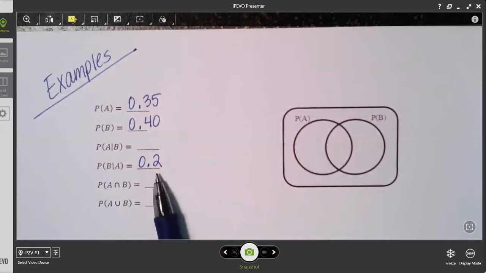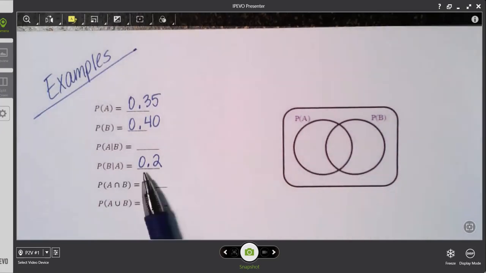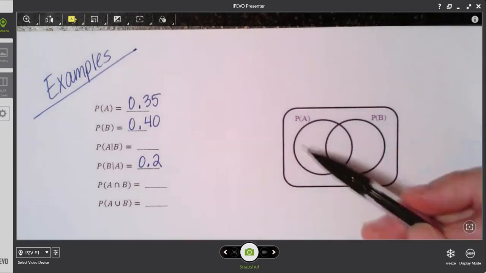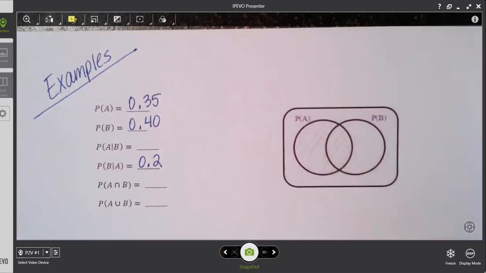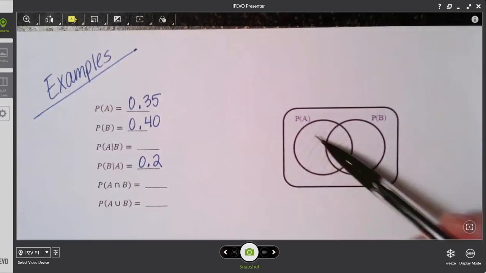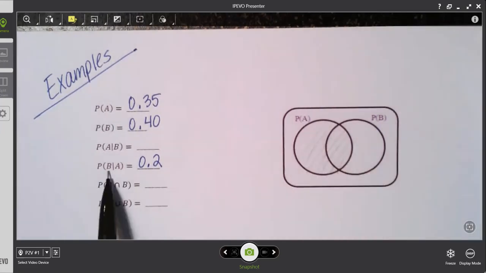So what I have to do is I have to use this other piece of info to help me figure out how these overlap. This says the probability of being in B, given that I'm in A, is 0.2. Okay, given that I'm in A says given that we're talking about out of this entire circle. So out of this entire circle, the probability that I'm in B.